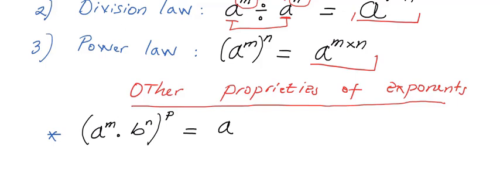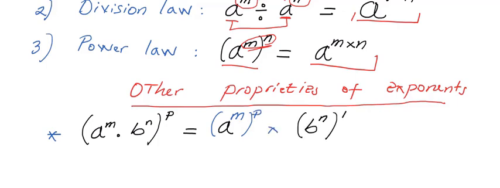In the power law, we had to multiply the exponents. Therefore here, it will be a^m to the power p times b^n to the power p, because this is a bracket. Those who know algebra know how to work with the bracket.